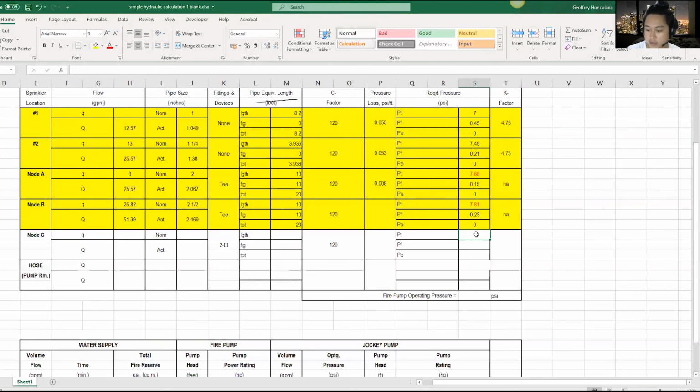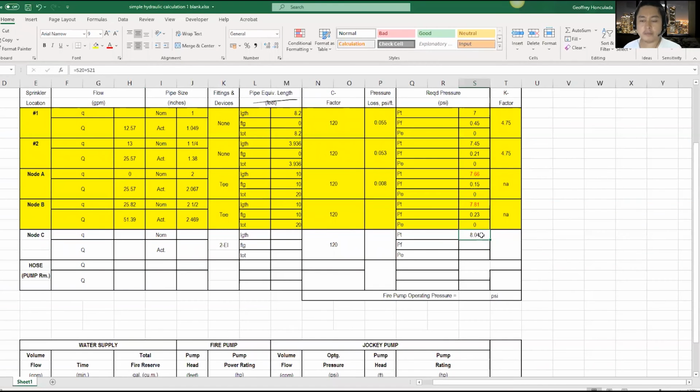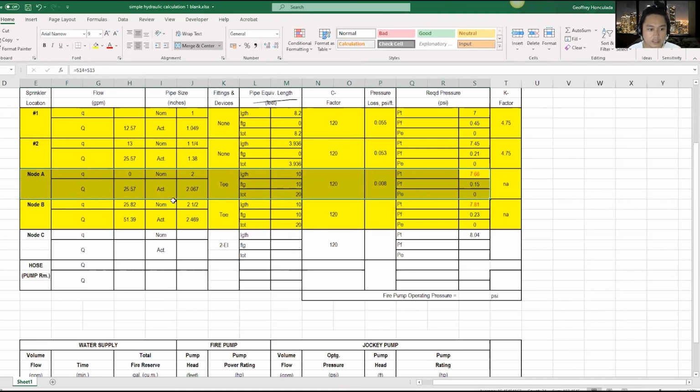I missed that earlier, so I'll add this up. It's 8.04. This is going to be our higher pressure line, and we can use as our lower pressure line this 7.81 with a flow rate of 25.82, or this one. This is going to be our reference.